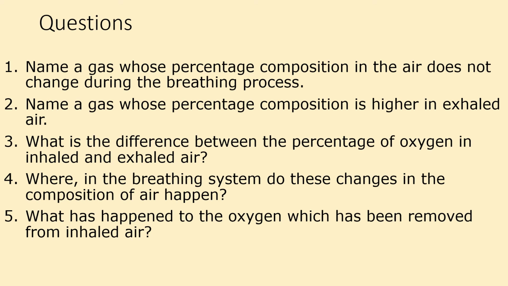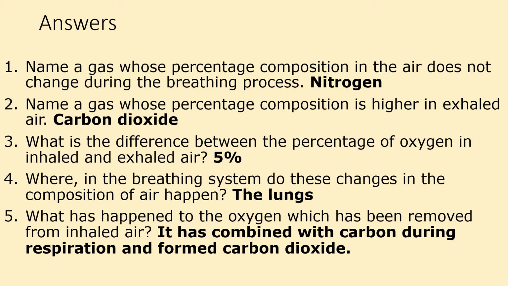Alright, we've got some questions then. So pause the video again and answer these questions, and the next slide is going to be the answers. So name a gas whose percentage composition in the air does not change during the breathing process. The answer is nitrogen.